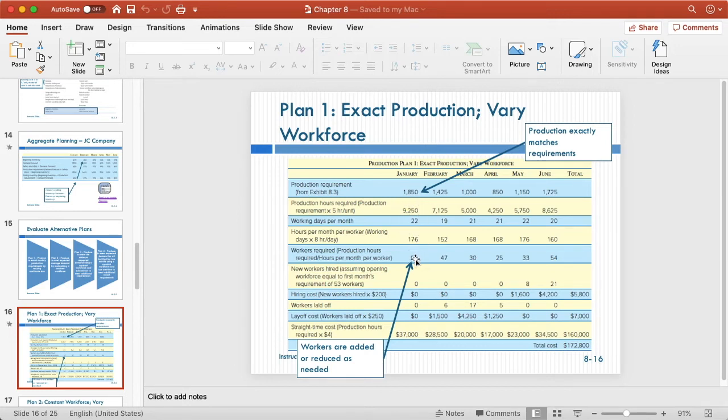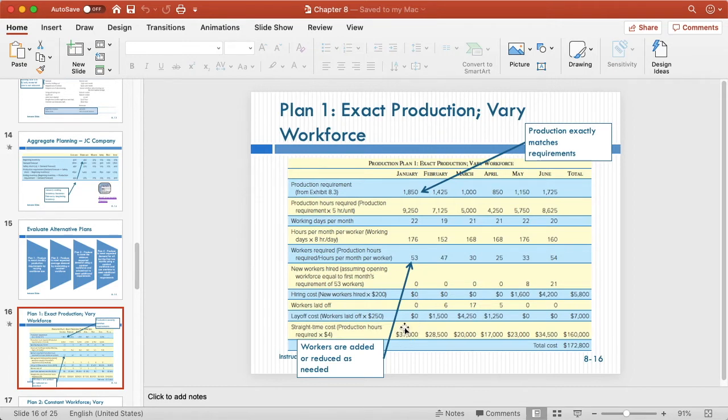It may have some decimal points, but you just round it up to get 53. Since we assume that at the beginning we have 53 workers, you don't need to hire any new workers or lay off any workers in this process. That's why in this column the hiring cost is 0 and the layoff cost is also 0.